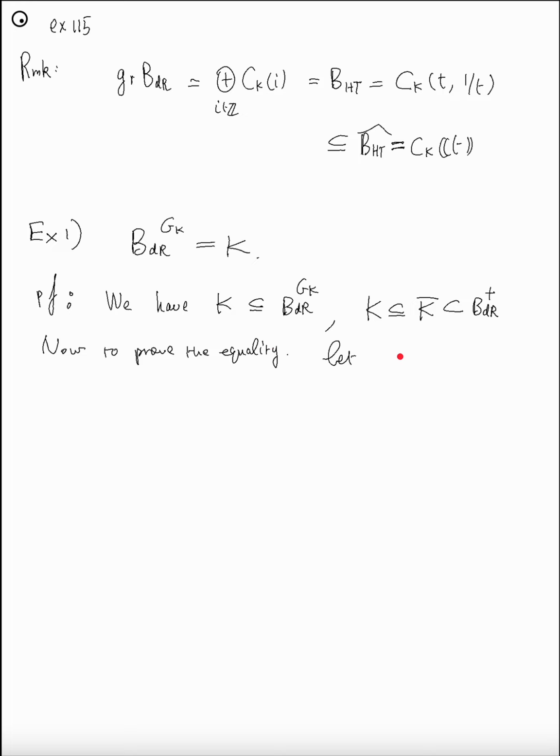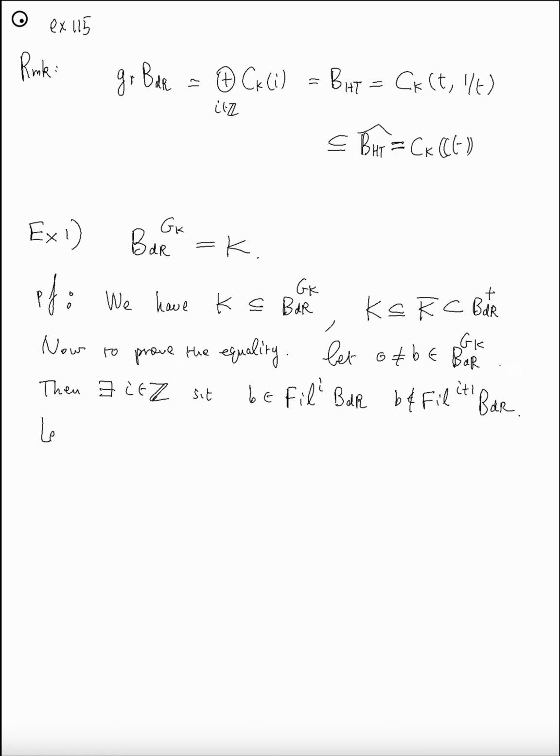we take any non-zero element b from the fixed point. Then there exists some integer i such that this element falls into some filtration Fil^i, but not in Fil^(i+1), which is smaller a priori.